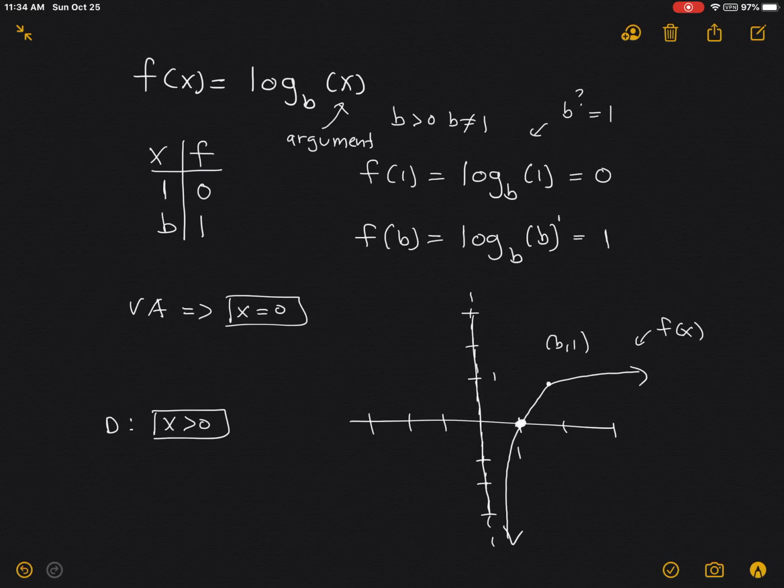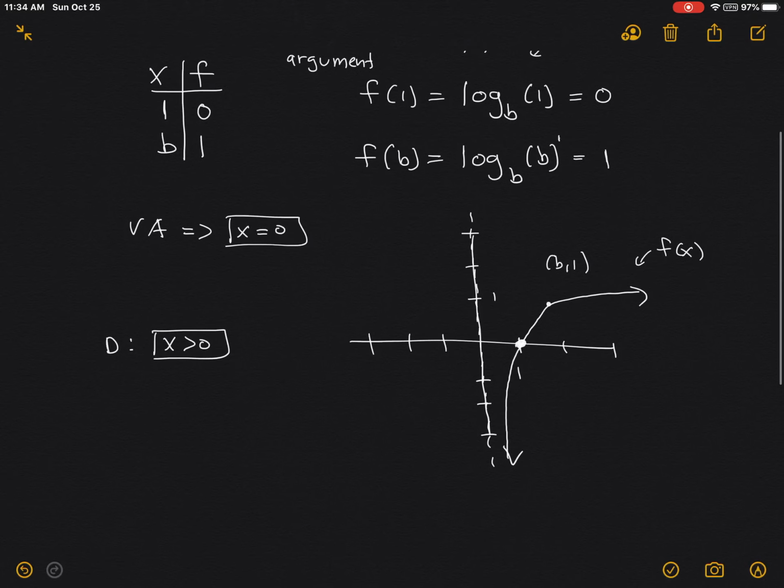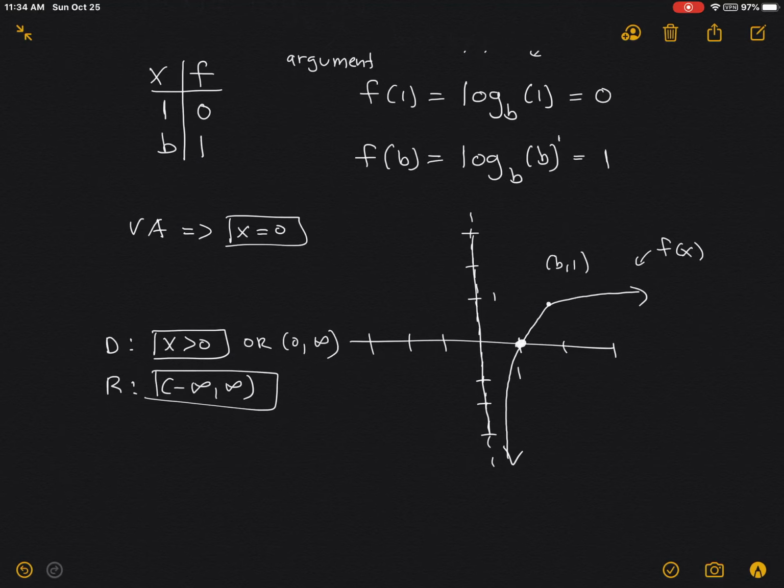And so if I set my argument greater than 0 and solve for x, x has to be a positive number. You can see from the graph that x is always going to be positive in this case. And the range is minus infinity to infinity. For interval notation, of course you can write 0 to infinity. It doesn't really matter which notation you use unless I specify.